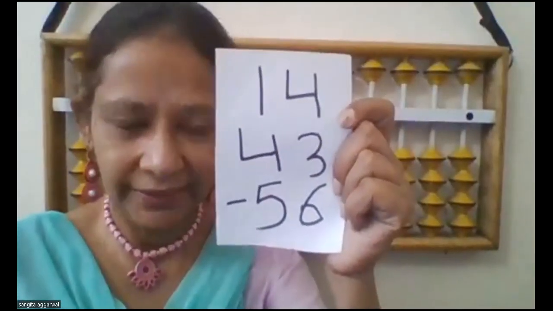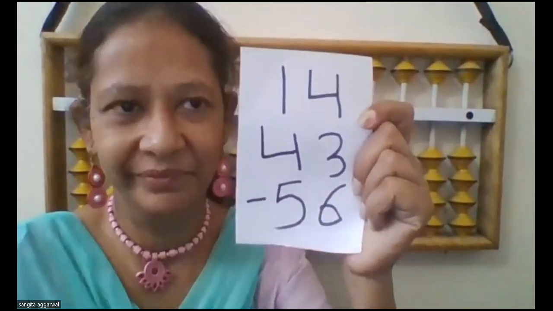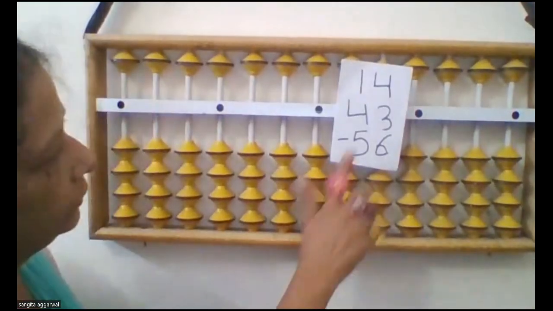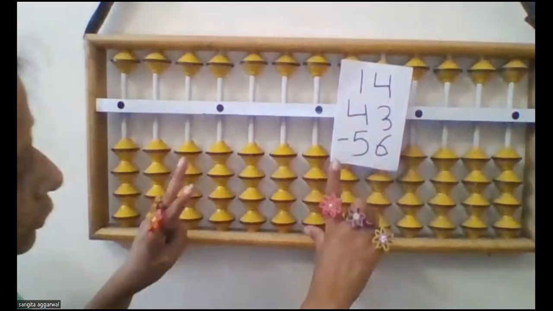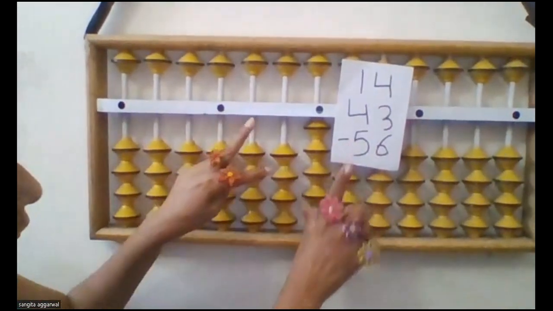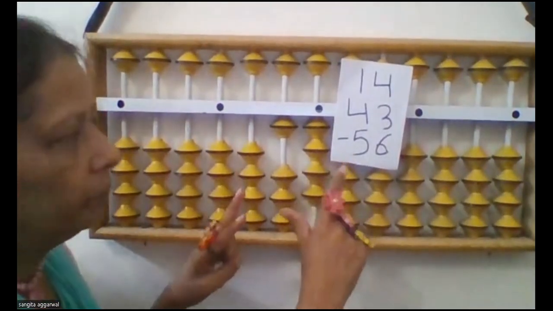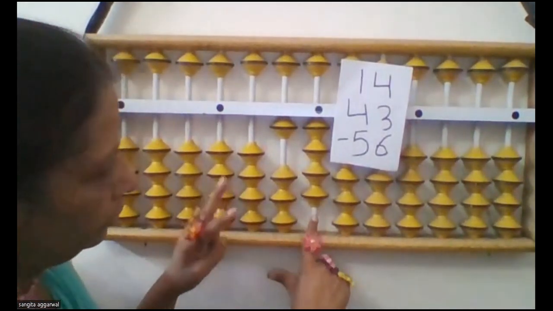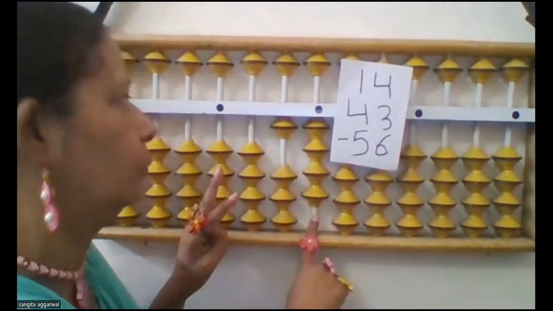Now you can see this question, and I'm going to start this question with you. So now you can see 14 in this question. Okay, so see 4 on the ones rod and 10 on the tens rod. Now you have to do add 43. So you have to do add 3 on the ones rod.